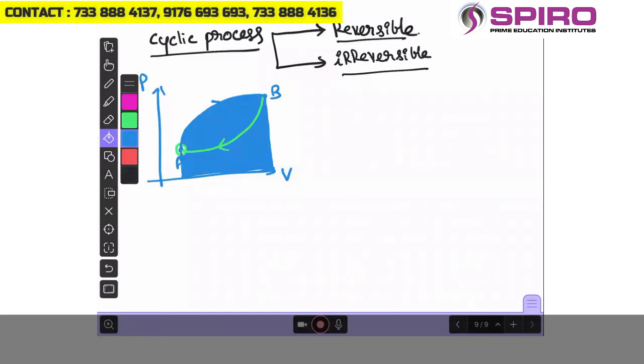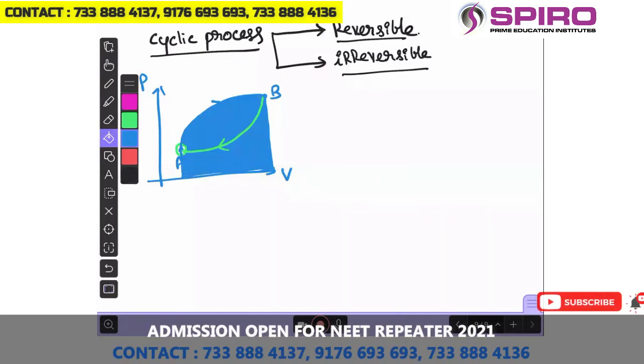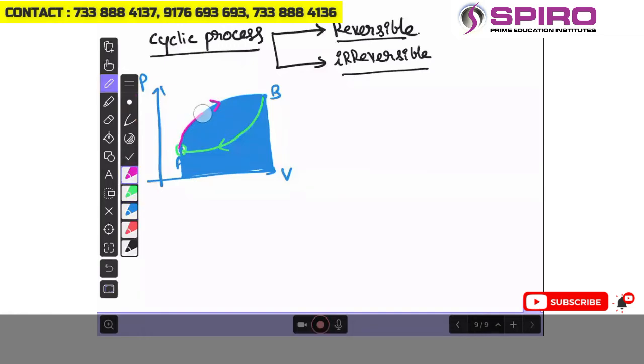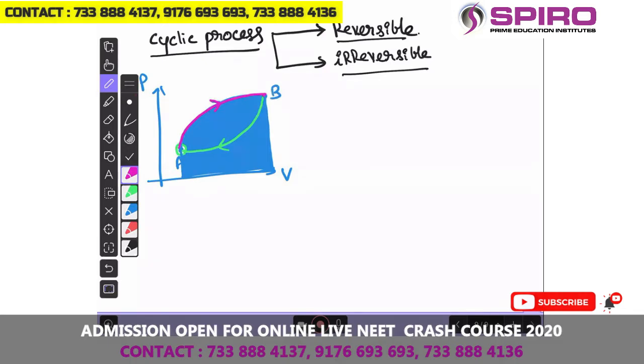Okay, this blue shaded part will give you the work done in the A to B process, whatever area is covered with the volume axis.